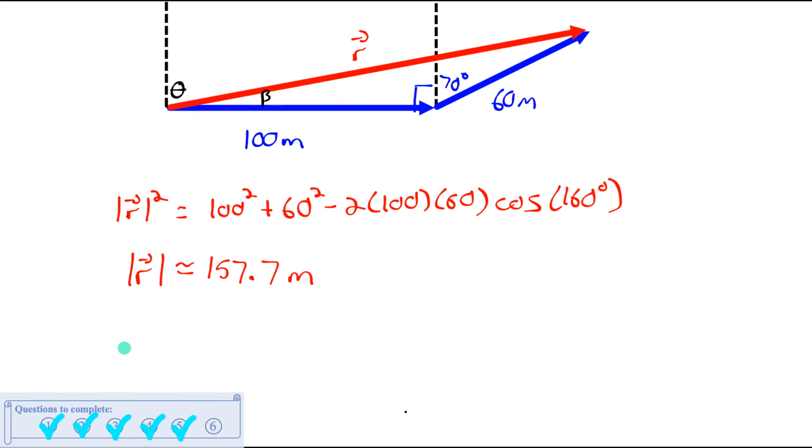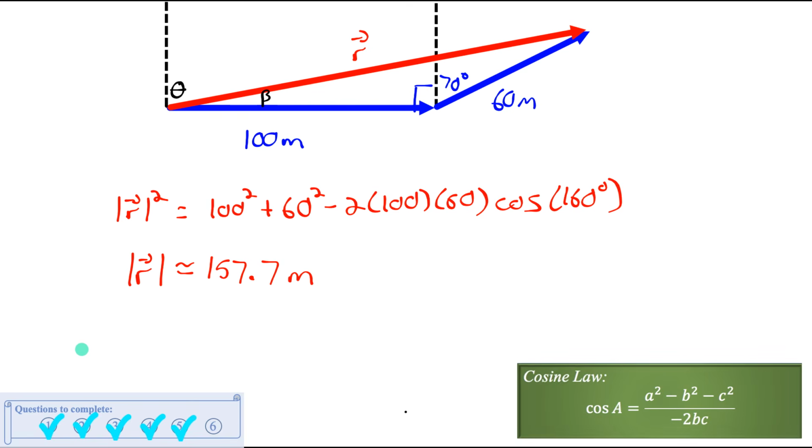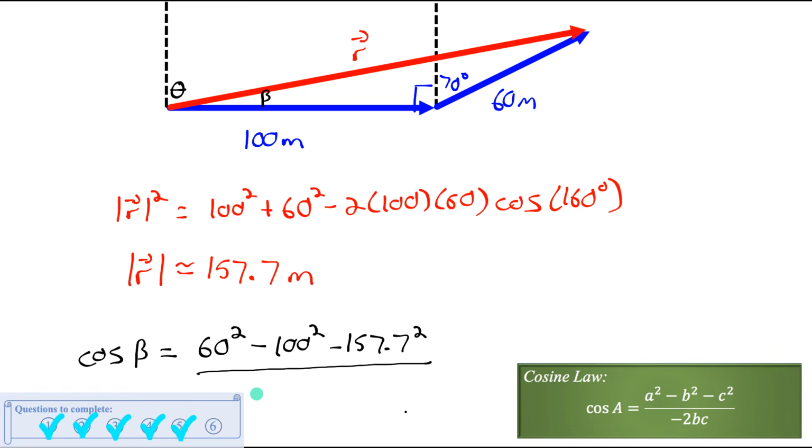So based on cosine law, I could say cosine of beta equals, now we start with the side opposite from the angle we want, so 60 squared, minus the squares of the other two sides, so minus 100 squared minus 157.7 squared, all over negative 2 of the adjacent two sides, so of 100 and 157.7.